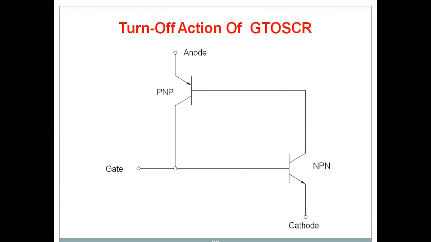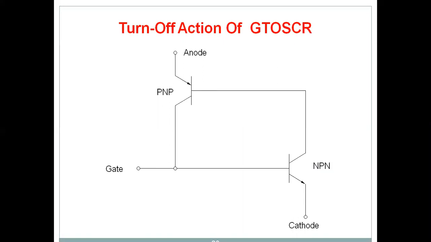Turn-off action of GTO SCR. When a positive signal is applied, a GTO switches into conduction state like an ordinary SCR.